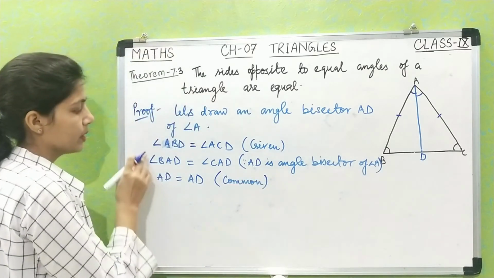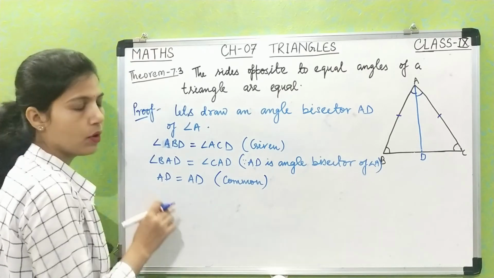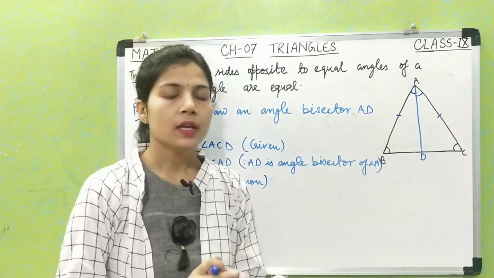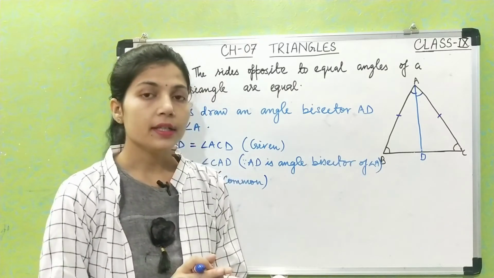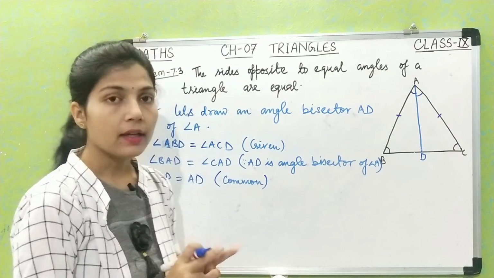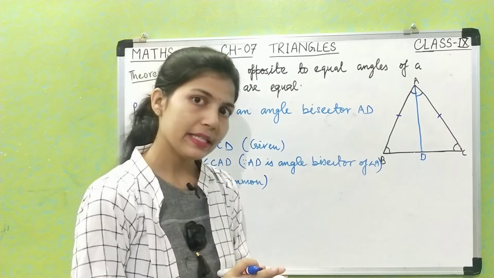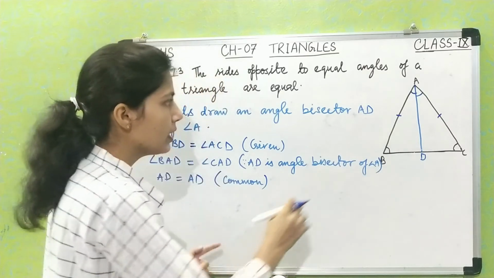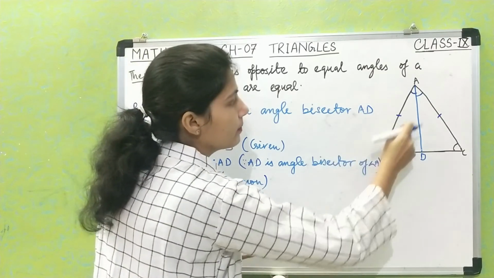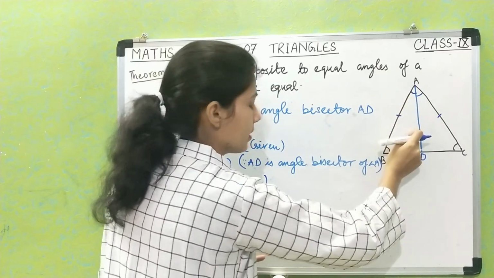Now see, two angles and one side, because we have discussed the angle side angle criteria in the last videos. Angle side angle we can write as AAS or SAA. So here angle, then this side, so AAS.